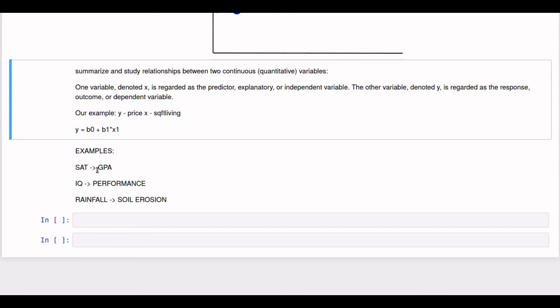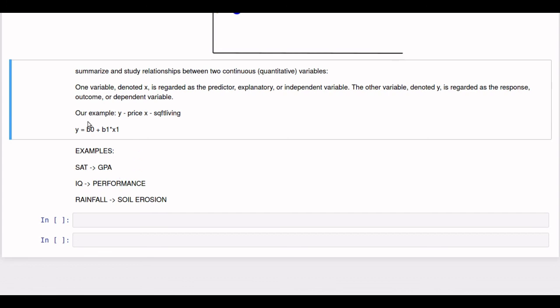Now, of course, SAT could serve as a good predictor of GPA, but if you have high SAT scores, this does not mean that it will cause you to have high GPA scores. So these two variables may be related, as in a person who has lower SAT will also have lower GPA, but it does not mean that lower SAT causes low GPA.